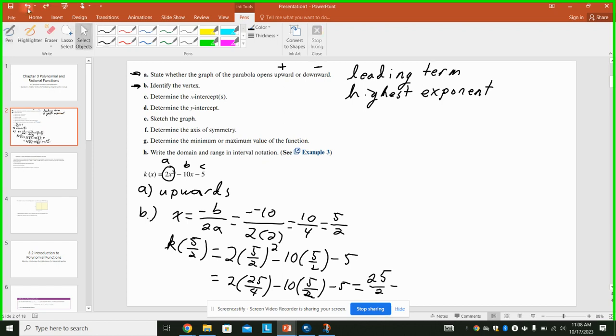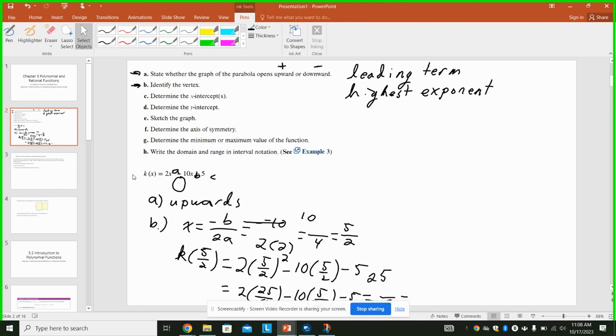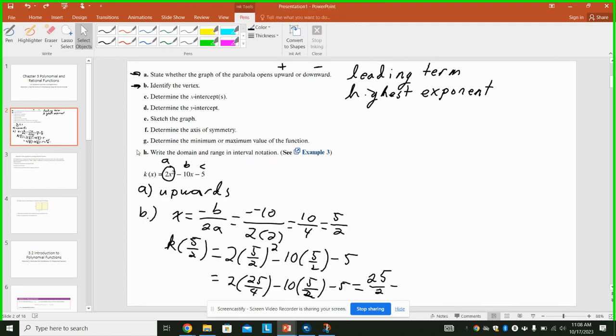We could reduce our fraction. We can reduce this to 5, and this really just becomes 5 times 5 because 10 divided by 2 is 5.